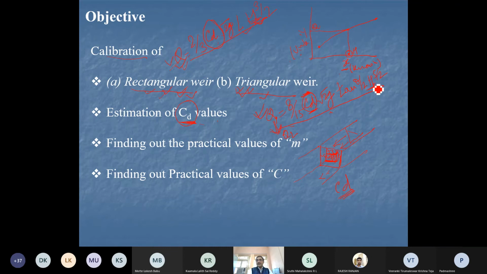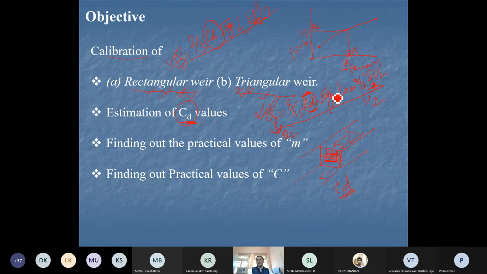Only the head will change, H1 and H2. So it will be discharge Q1, so head will be H1. Discharge will be Q2 or changed condition, then head will automatically change. If we have these two conditions, we can find out the value of CD for all the observations, because we know the observations for discharge, we know the head, we have measured.